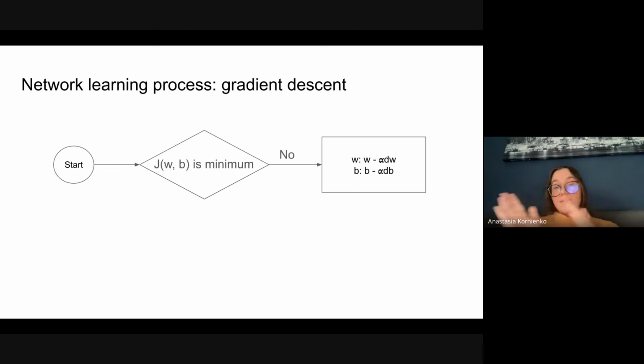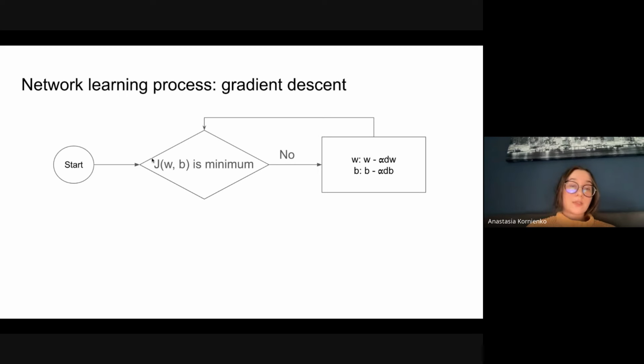We try to find the right place so the outputs are close to the line. Then, after we moved, we check again if the cost function is minimum, and we repeat this process till the error is minimum. And if it's minimum, the learning process is finished.